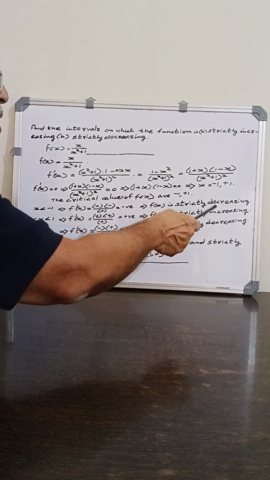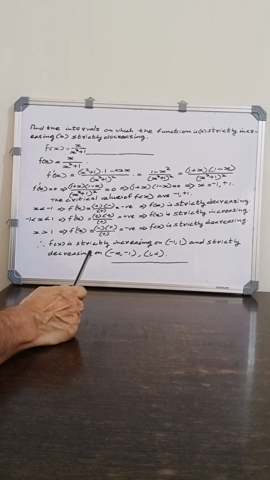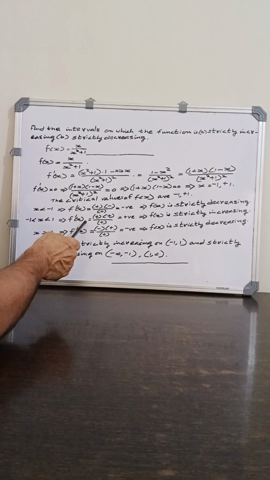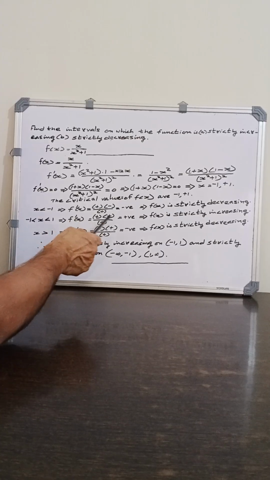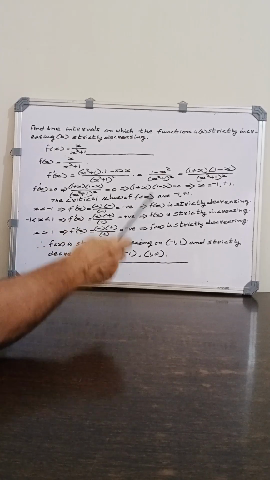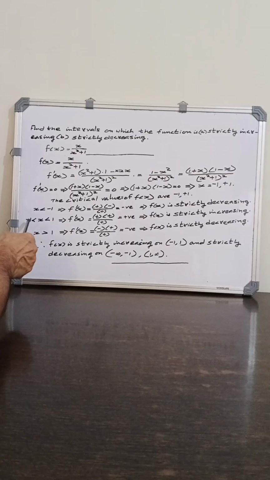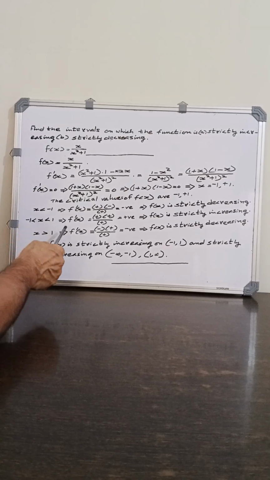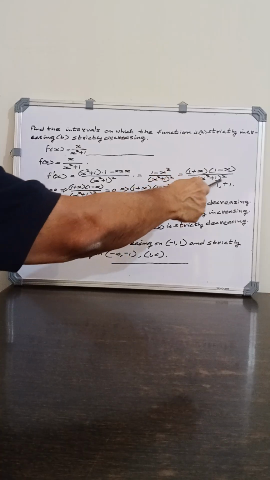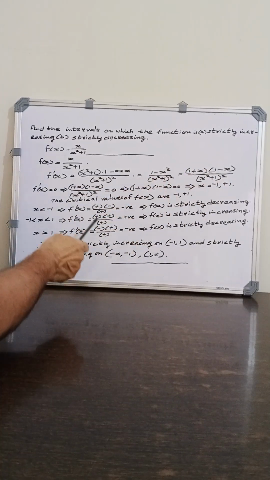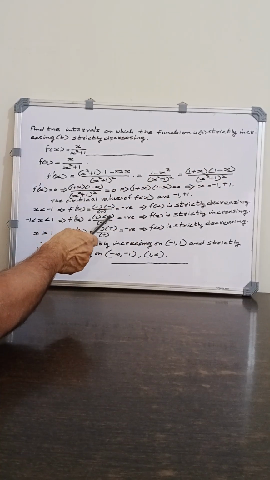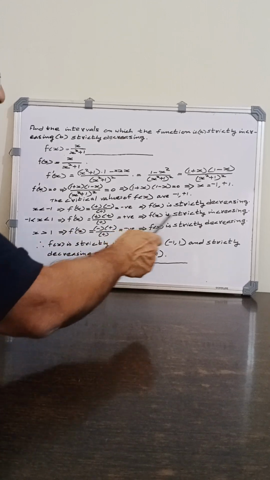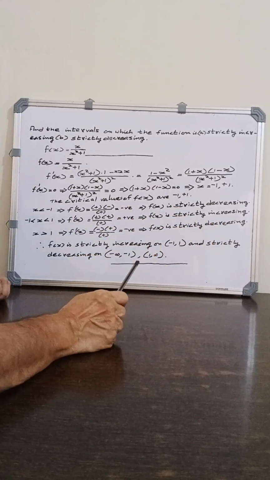Therefore, f of x is strictly decreasing. For minus 1 less than x less than 1, f dash of x equals positive into positive by positive. When we apply an integer in between minus 1 and plus 1 and substitute it here, this results in plus by plus, that is positive. Therefore, f of x is strictly increasing.